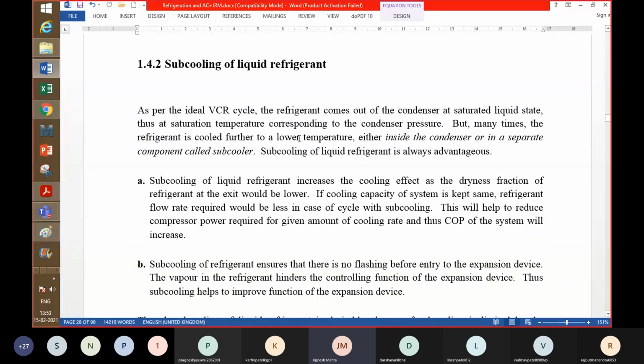When it comes out of the condenser, if the condenser is a little bit oversized and the cooling medium is at a low enough temperature, then it will completely convert into liquid, plus that liquid will also start losing heat to the ambient, for example, and it will become subcooled.